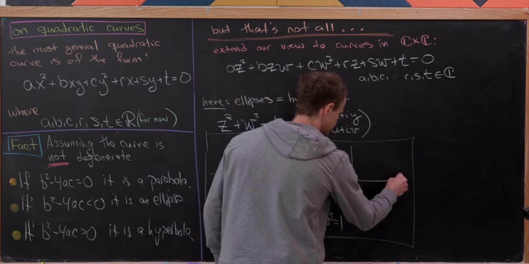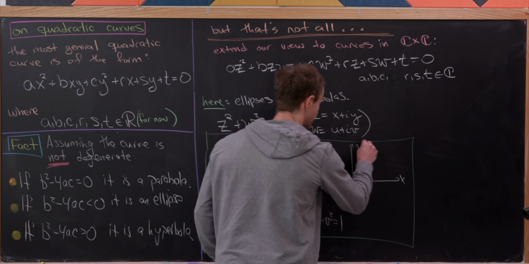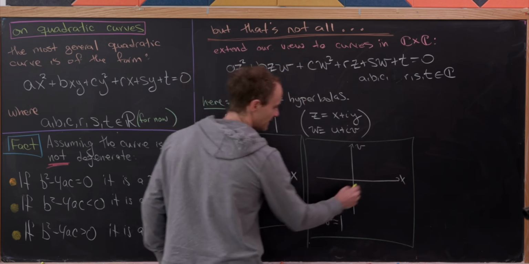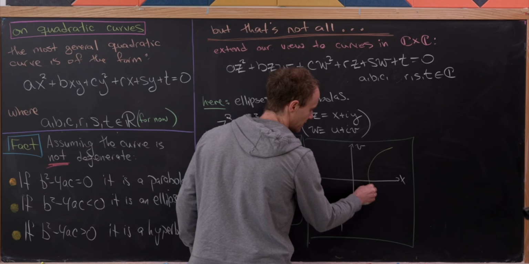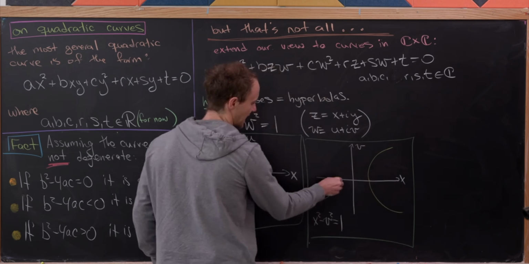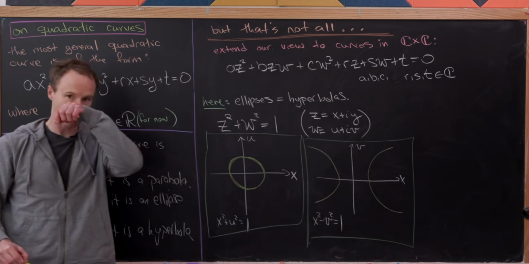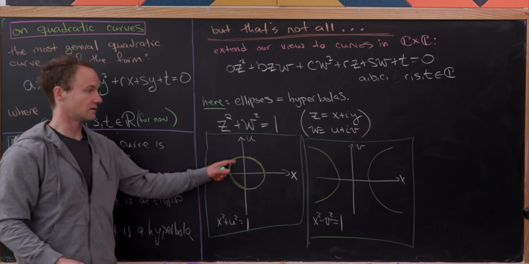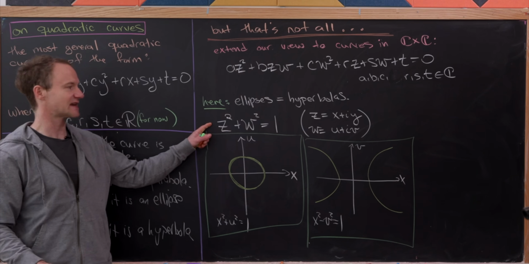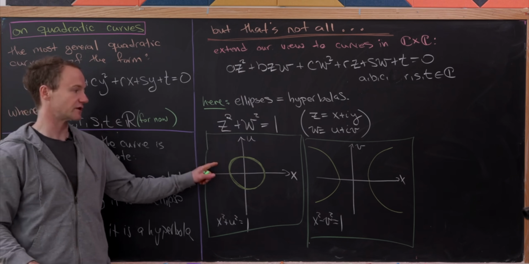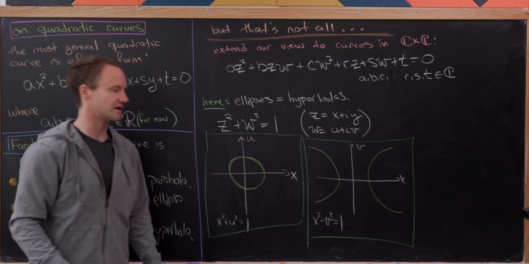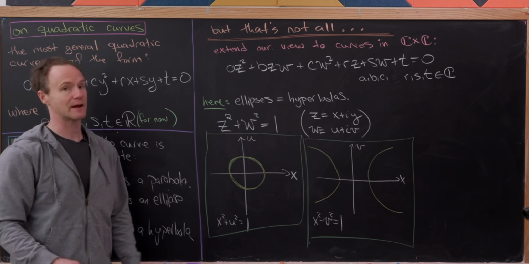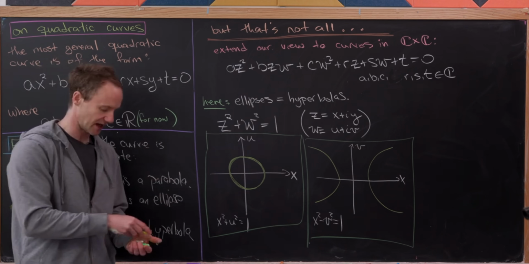Then if we draw this with the x-axis here and the v-axis here, that's our unit hyperbola opening to the left and the right. So there we have it. Inside of this complex unit circle, there's a real unit circle and there's a real unit hyperbola opening to the side.